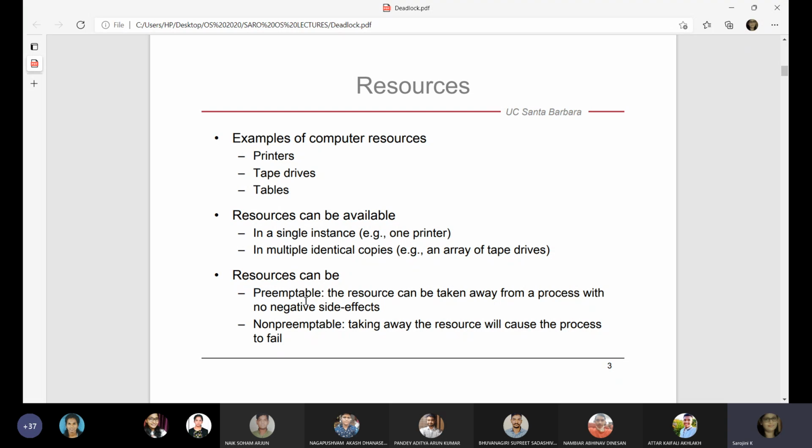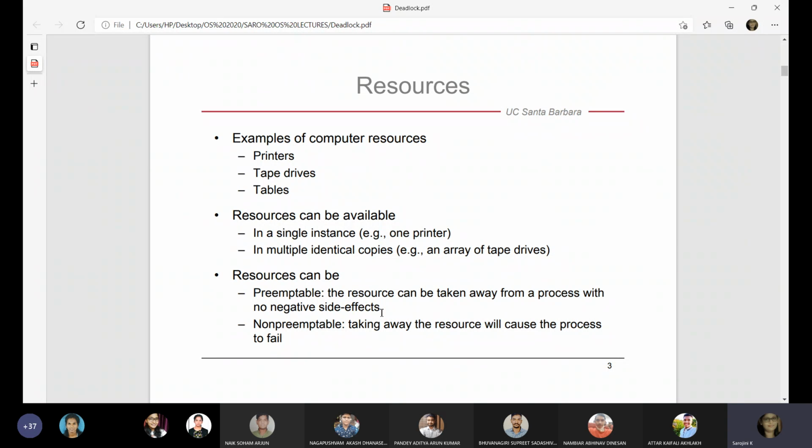Resources can be preemptible and non-preemptible. Preemptible means the resource can be taken away from the process with no negative side effects. As I said, the deadlock happened between processes P1 and P2. If it is a preemptible system, we can preempt the resource.